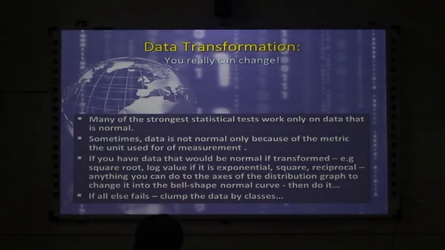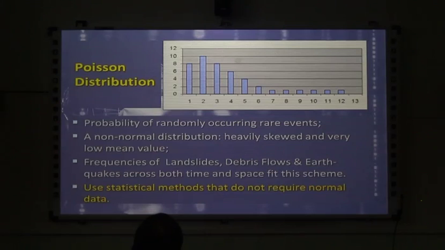So do a lot of ordinal variables, like the earthquake scale, wind scale, and the rest of it. If all else fails, if you put your data in classes, you can sometimes normalize it that way as well. In which case you don't use the individual data, you translate it all into different classes of data. But the message is that you can transform data to normalize it.